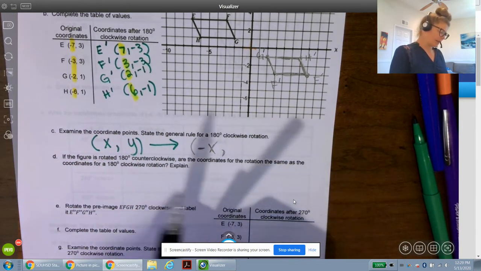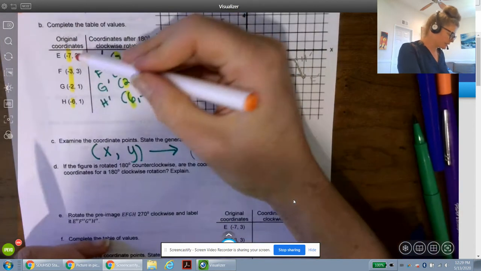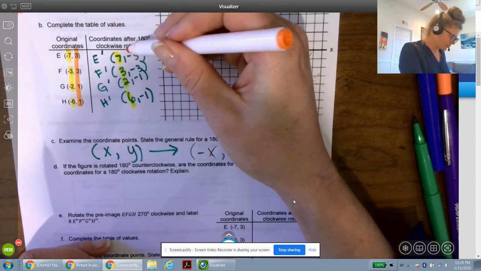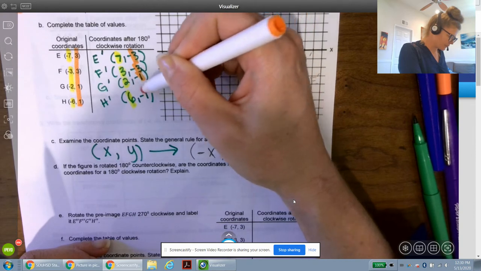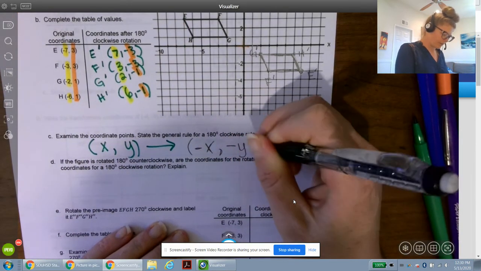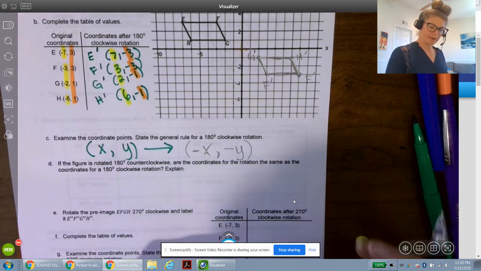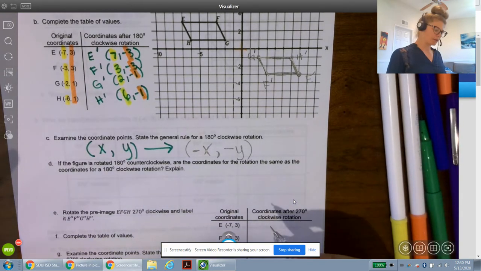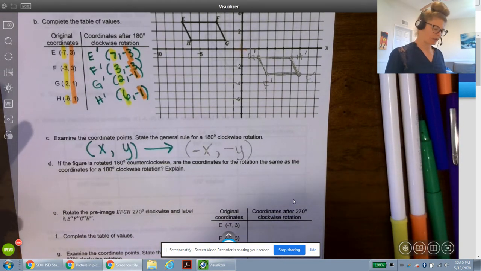So it's the opposite. And if we look at the y values, they also go to the opposite of the original y values. Okay, so taking a look, and you can always double check that.